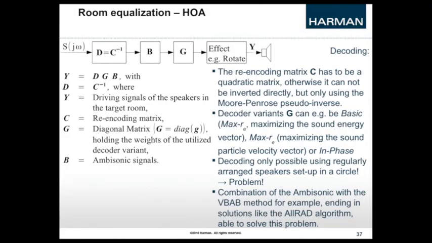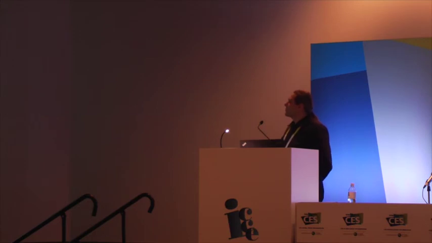Following up this procedure means that I have a source signal which has to run over the inverted re-encoding matrix, then weighted by the ambisonic signals, and then I have also another possibility to create, let's say, a taste factor of it.